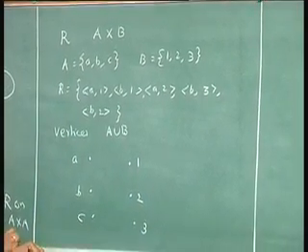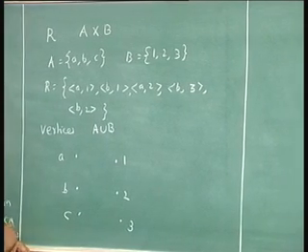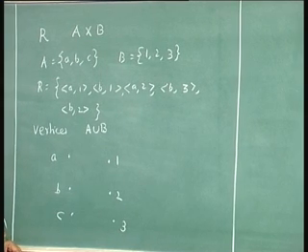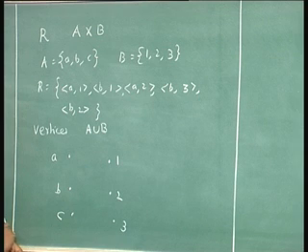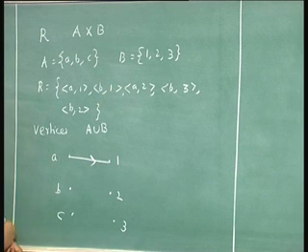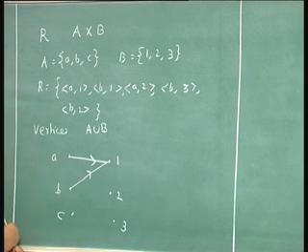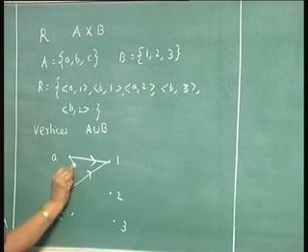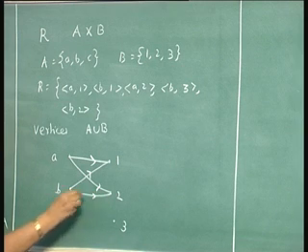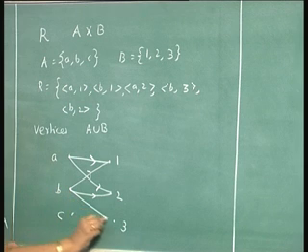Each element of A will be a vertex, each element of B will also be a vertex, and all the edges will originate from an element of A and terminate on an element of B. So, you have a, 1, so there will be an edge like this; you have a, 2, so there is an edge like this; you have b, 3, so there is an edge like this.